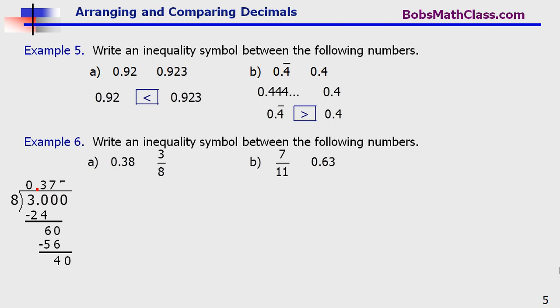And 8 times 5 is 40. So the number on the right is 0.375. Now we can determine which number is larger. And that would be the number on the left, because 8 is larger than 5. They both have a 3 in the tens place.